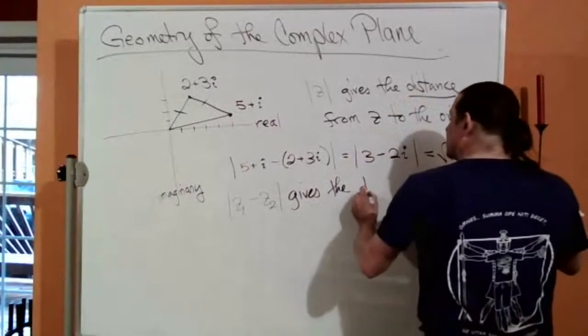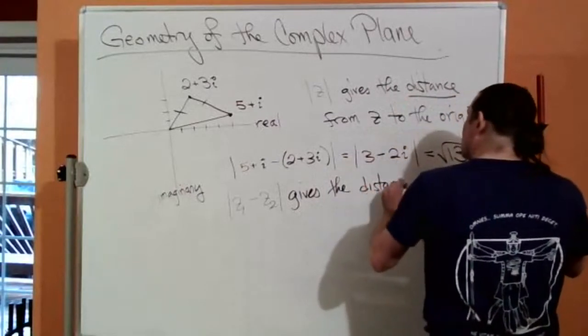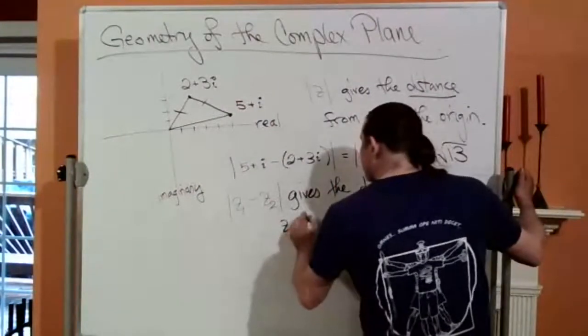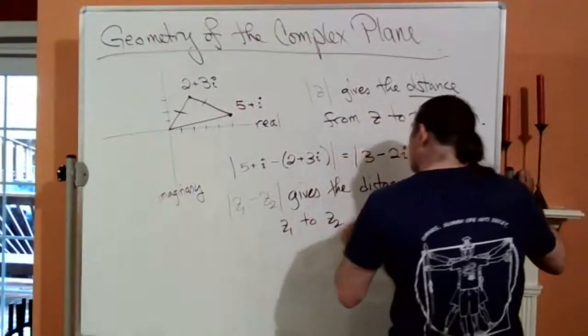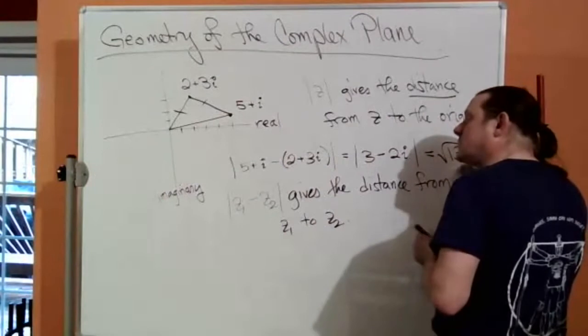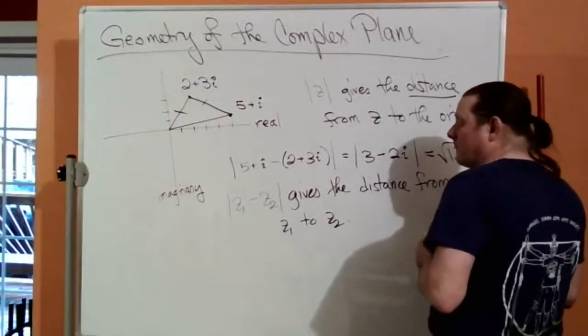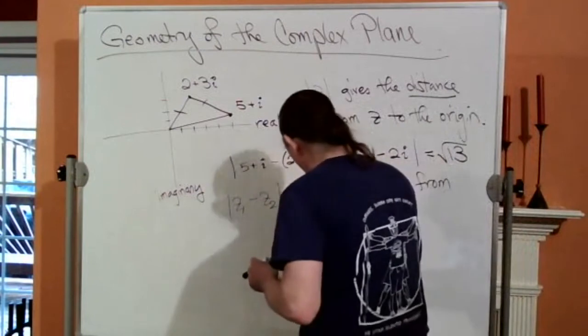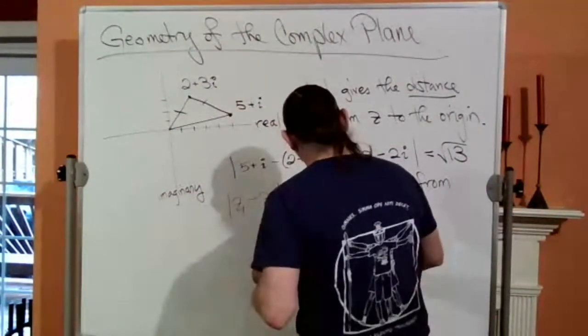as the distance from z1 to z2 in the complex plane. All right, and maybe it's better for me to write this as z2 to z1.